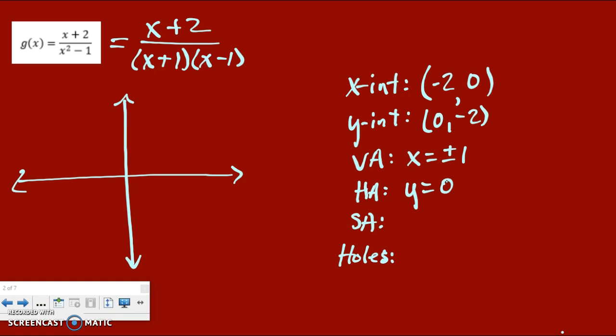Slant asymptotes only happen when the denominator's degree is 1 less than the numerator. We don't have this in this case, so I can write none. Holes are when something eliminates top and bottom, and we don't have that here either, so none as well.